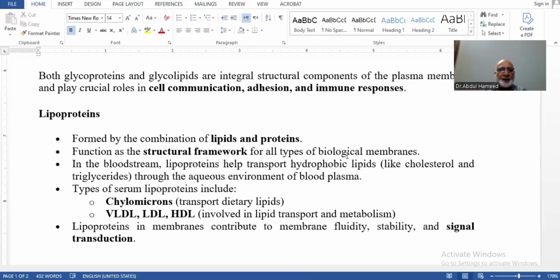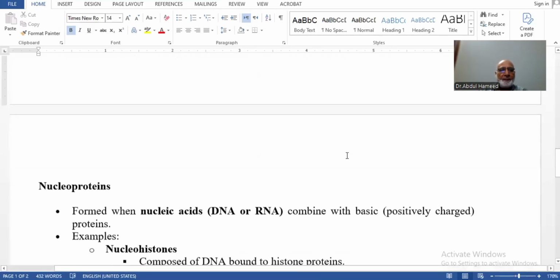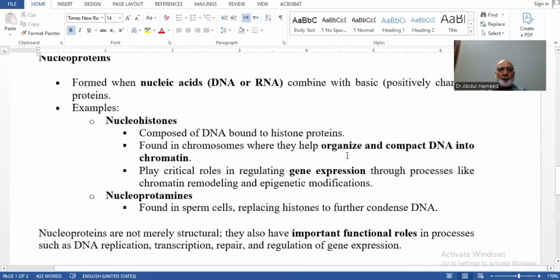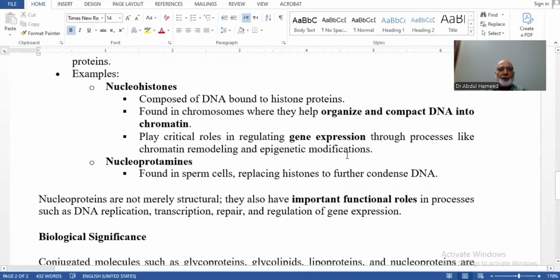Lipoproteins in membranes contribute to membrane fluidity, stability, and signal transduction. Then come the nucleoproteins, formed when nucleic acid, DNA or RNA, combines with basic, positively charged proteins. Nucleohistones are examples, composed of DNA bound to histone proteins found in chromosomes, where they help to organize and compact DNA into chromatin material.